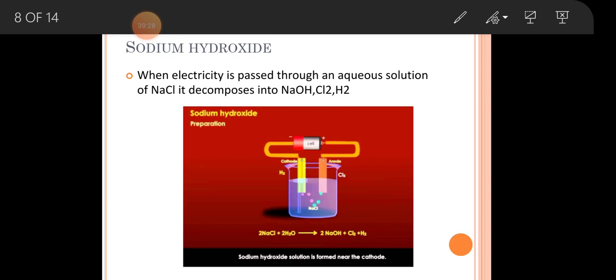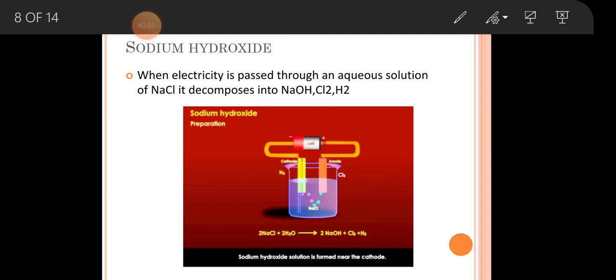It moves towards the anode, where it loses electrons. Two chlorine atoms will combine to form chlorine gas. So at the cathode, you get hydrogen gas. At the anode, you get chlorine gas. So from all the four different ions present in this aqueous solution, sodium, chlorine, hydrogen and hydroxide, hydrogen and chlorine are collected at the cathode and anode.